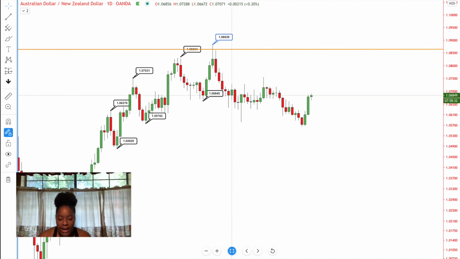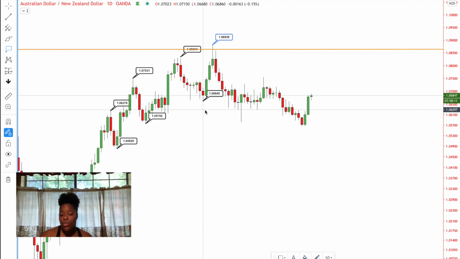Right here in this area, the highest the exchange rate was back at the beginning of June, June 2nd, at 1.08 going towards 1.09. As it was doing that, the lowest the exchange rate was before it continued that push up was around 1.06.